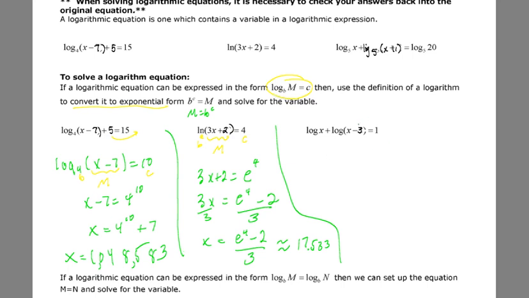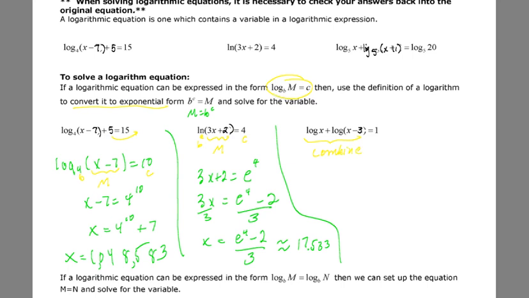Let's try to get this one in the desired format. Log base b of some quantity equal to c. Well, what I have here on the left are two logarithms. But from previous work that we've done, we can take these logarithms and combine them.